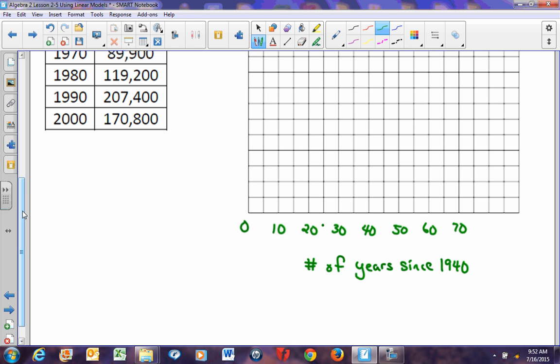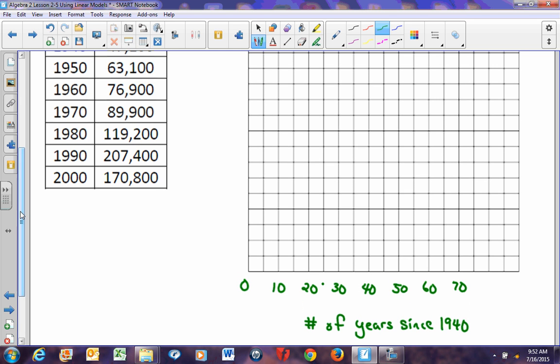And then we're going to do the median home price in thousands of dollars. The median home price was $47,000.